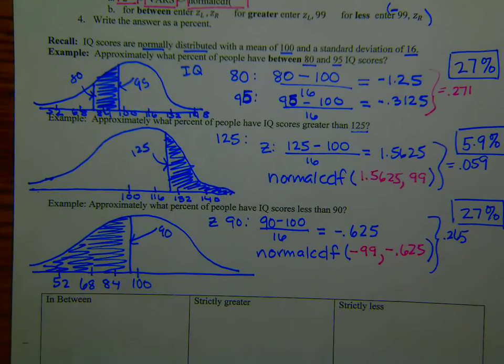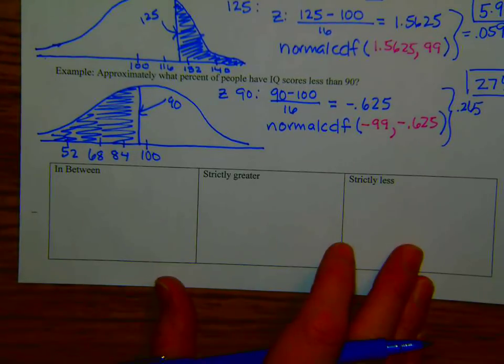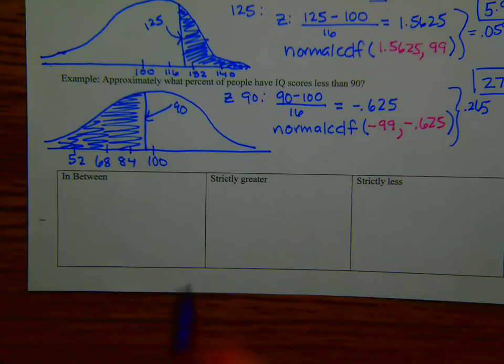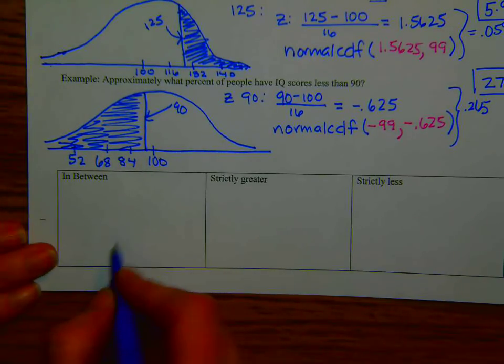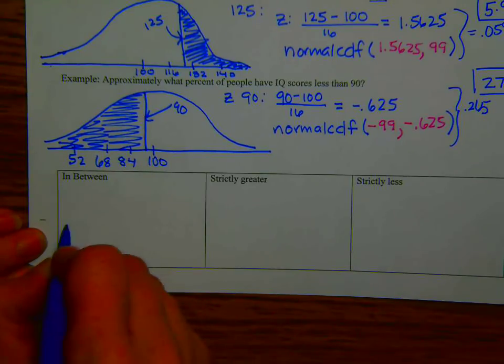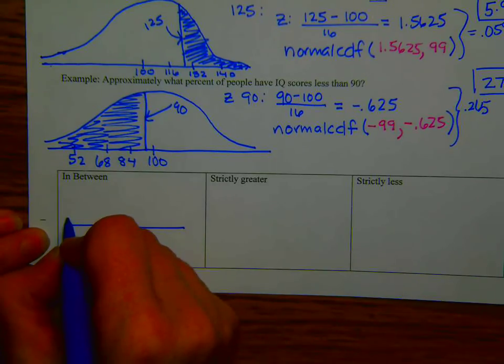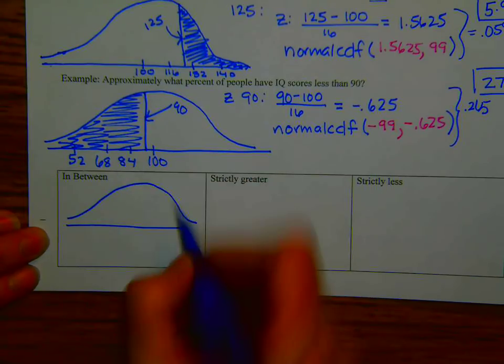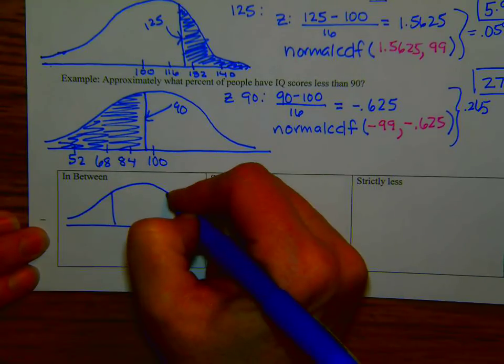So there we go. So let's sum up with some drawings what we've learned today. Okay? So we've done a lot of calculations. I want to sum up in the bottom charts here what we've learned today. When we're finding percentages between two values, we've got two boundaries.